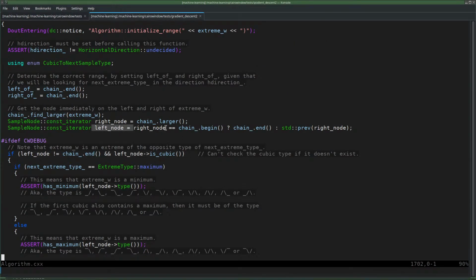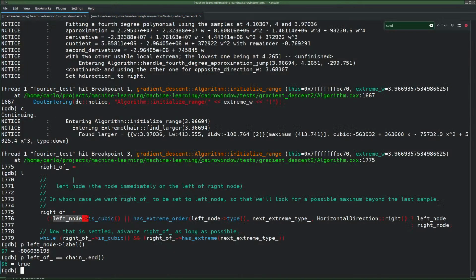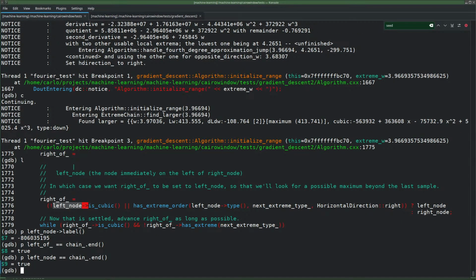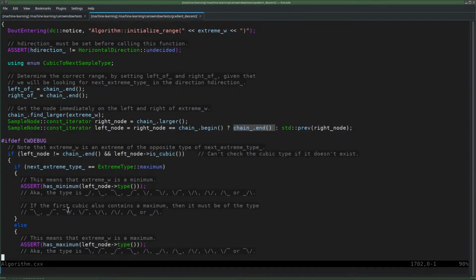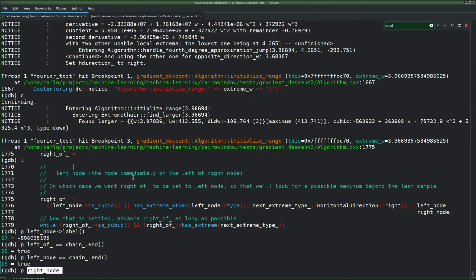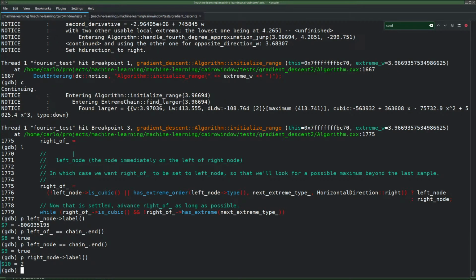Left node can totally be a chain end. Is a chain end. Yes. What does that mean in this case? So right node is defined then. It's 2.